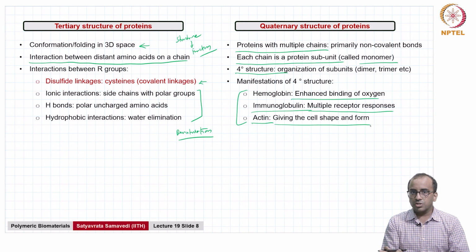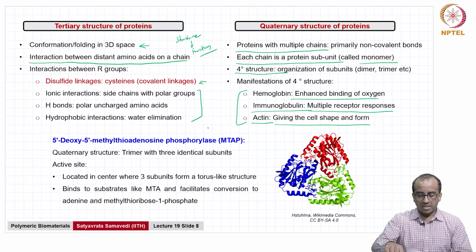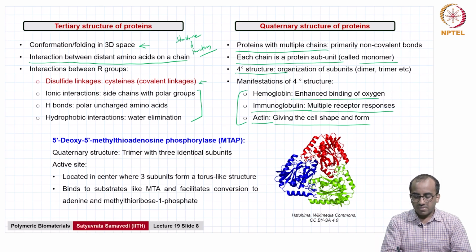These are 3 very different functions, but what connects all of them is that they have a 4th level of structure where multiple polypeptide chains come together as subunits and form one massive structure. One example that we will look at very quickly is MTAP, which is just an enzyme, and the way you know it as an enzyme is that it ends in ASE.